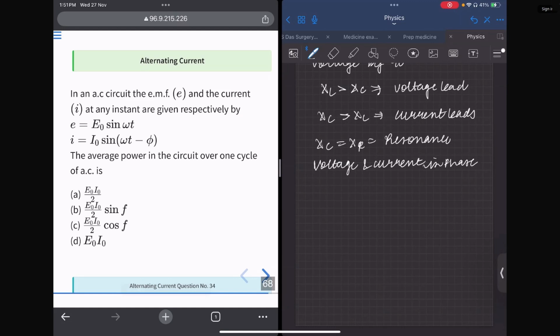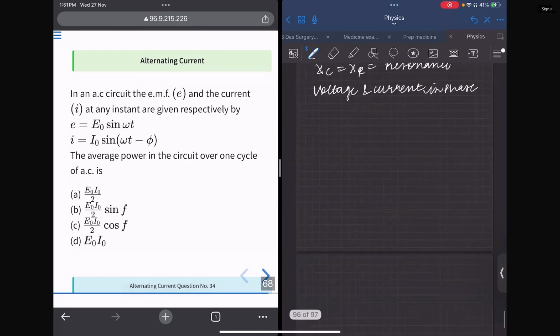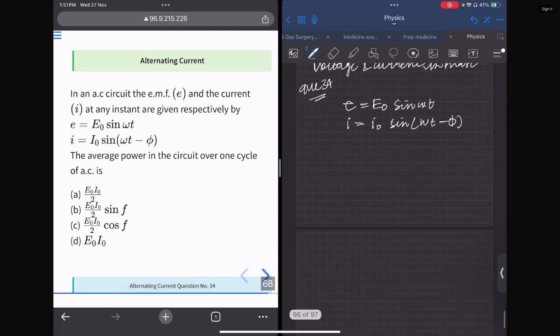Okay. So moving on to question number 34. We have E equal to E naught sine omega t and I equal to I naught sine omega t minus phi. To find the average power in these circuits, it is given as VRMS into IRMS into cos phi, where phi is the phase difference.